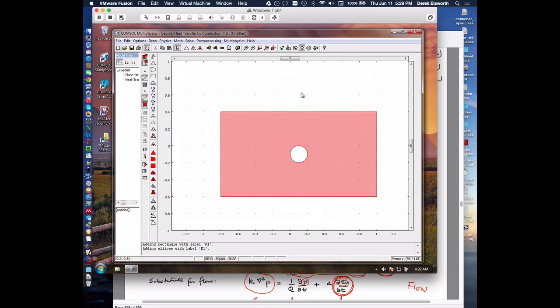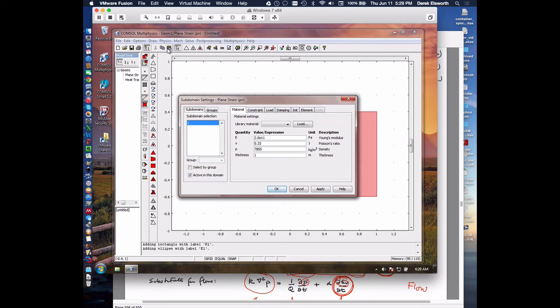Okay. If we look at the other part, the plane strain, we can also come in and look at the subdomain settings. It doesn't have the magnitude in there. Density. So, okay, what we're going to do here.